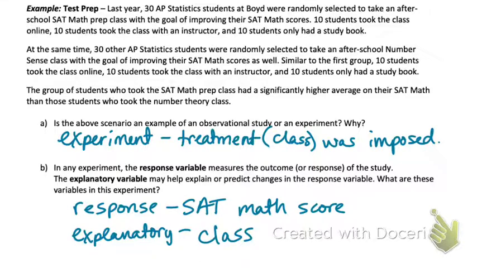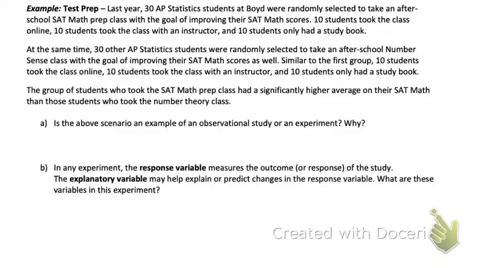So, if you look here, you can kind of tell that the treatment is usually your explanatory variable. I'm trying to see if this explanatory variable is making a difference. The treatment, is it making a difference? Okay?